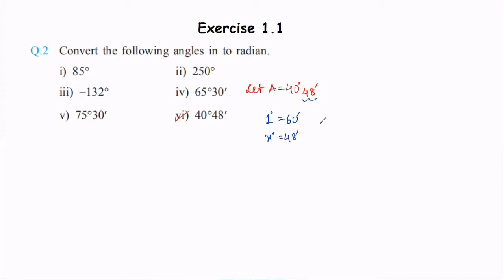Cross multiply and you will get x is equal to 48 by 60. So on cancellation that is 4 by 5, which can be written as 0.8 degrees. We need to add that. So 40 degrees plus x degrees becomes 40.8 degrees.